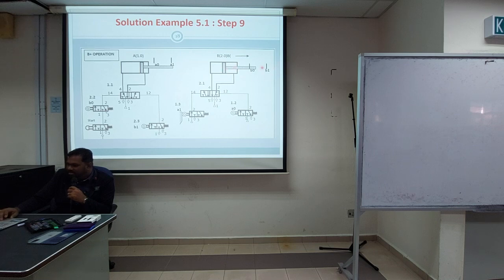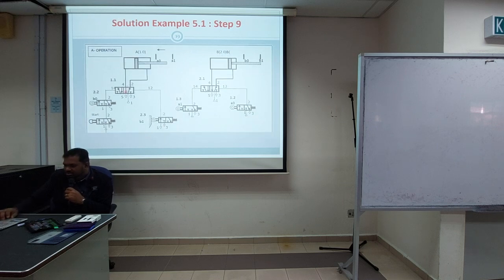Kan, dia extend B1 on. B1 dekat mana? B1 dekat sini. So it will activate cylinder B extend, it will activate B1. So B1 active, it will send signal for cylinder A to retract. Sebab itu yang ni adalah A minus operation.